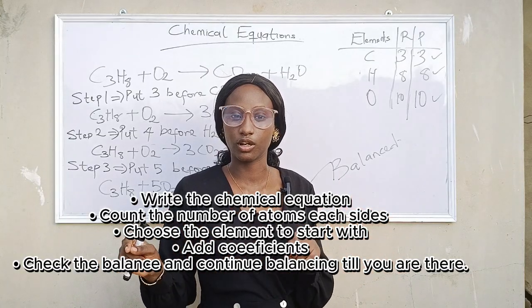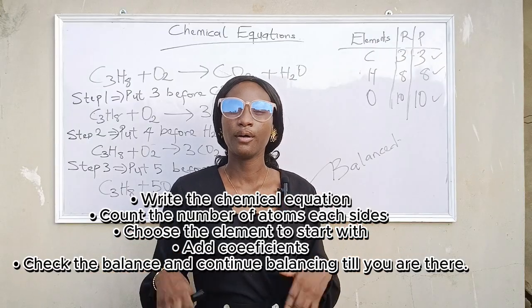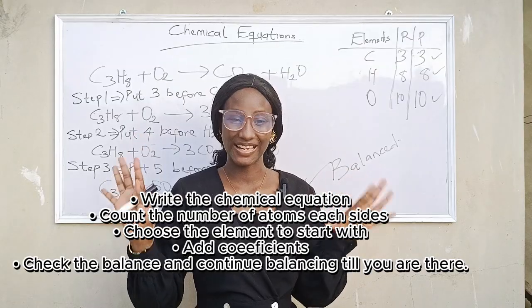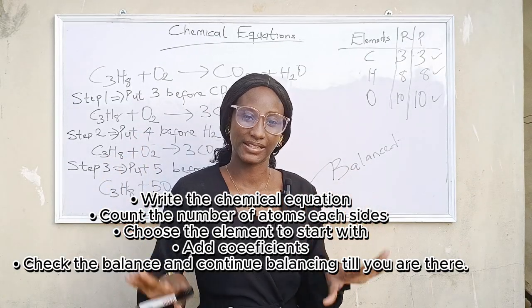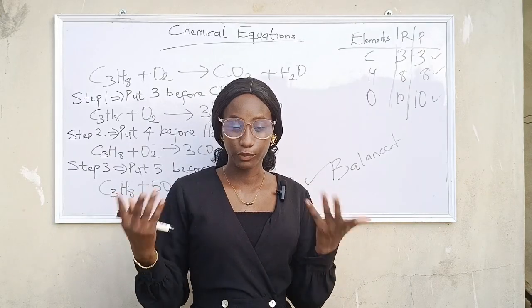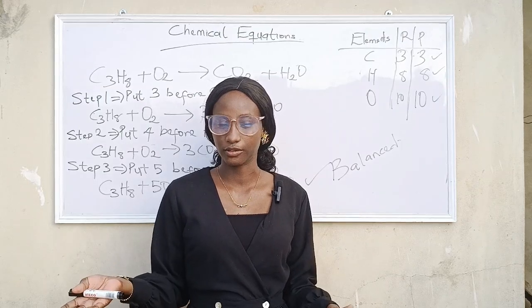You don't touch the subscript because you don't want to be making a new product. Remember you have to do one element at a time. You don't do 2 elements together. Do it step by step. That is how you get it clear, and with that process, you'll be able to get your balanced chemical equation.